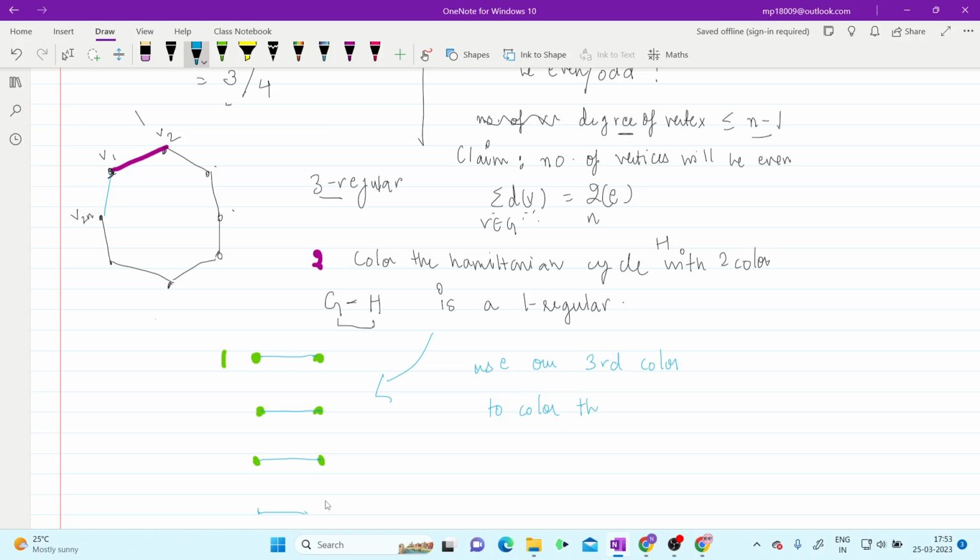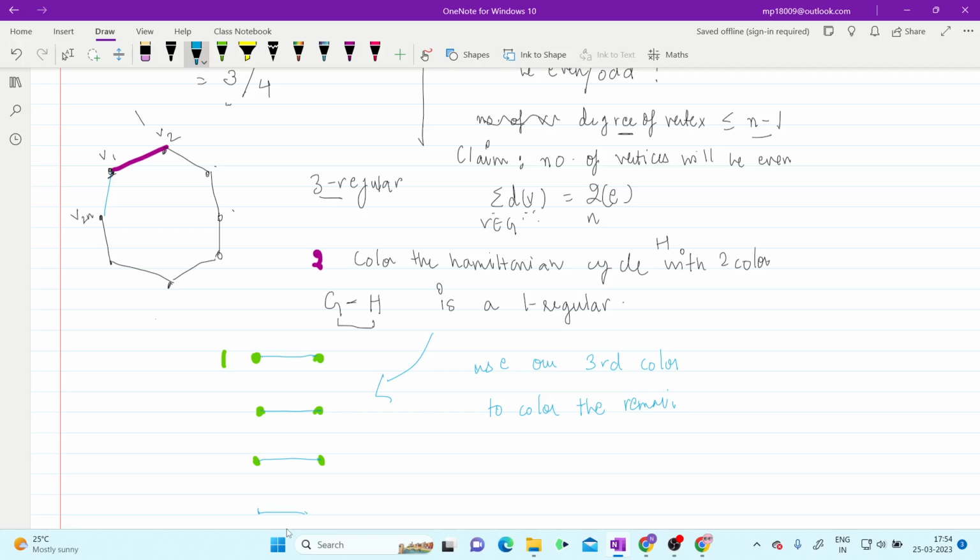Since these edges are not intersecting, we can use the same color for all the remaining edges. Use the third color to color the remaining edges.